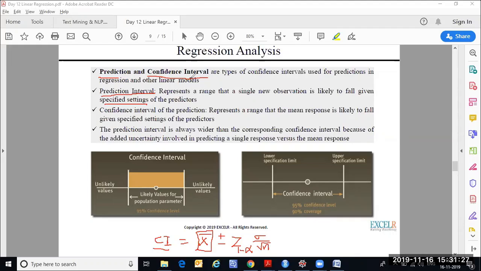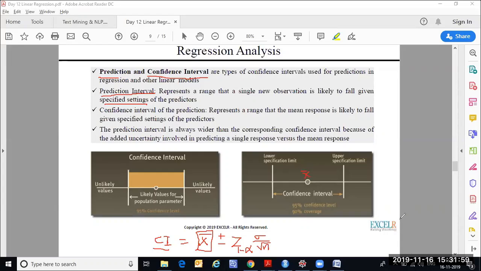Your prediction interval range would be more, or the confidence interval range would be. Which one do you think is more fair? Because ultimately our confidence interval would be more or less very close to your mean value.